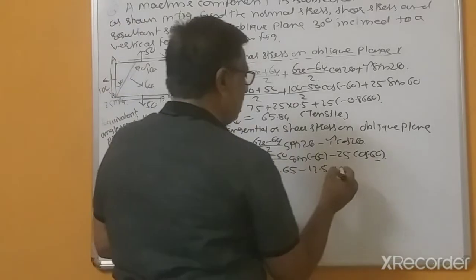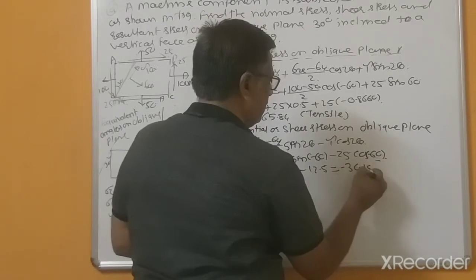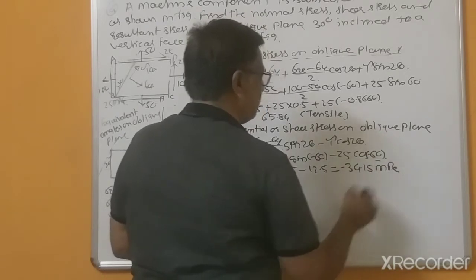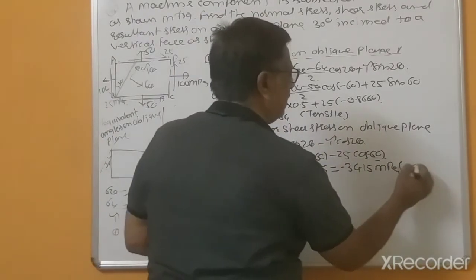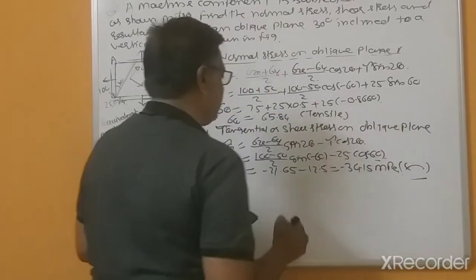So that's why minus 31.15 megapascals, and this is rotating anti-clockwise because of the negative sign.